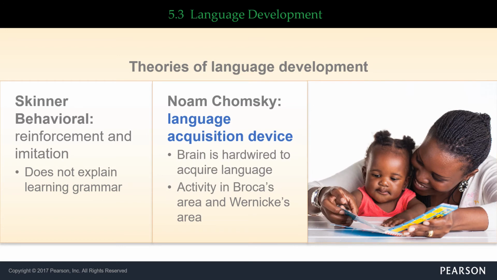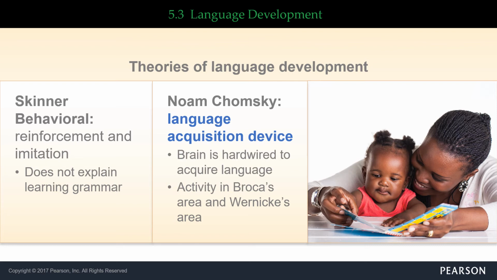So there are a couple of theories of language development specifically. The behaviorist, B.F. Skinner, says that language is something that we reinforce, and we give them positive reinforcement or something that they want, and they imitate.